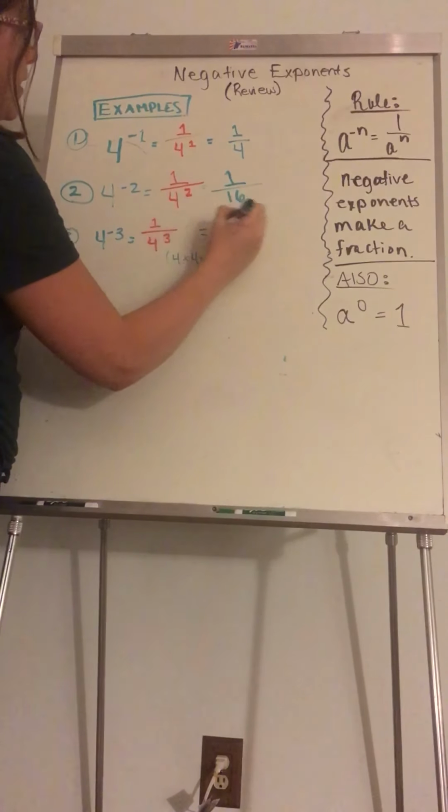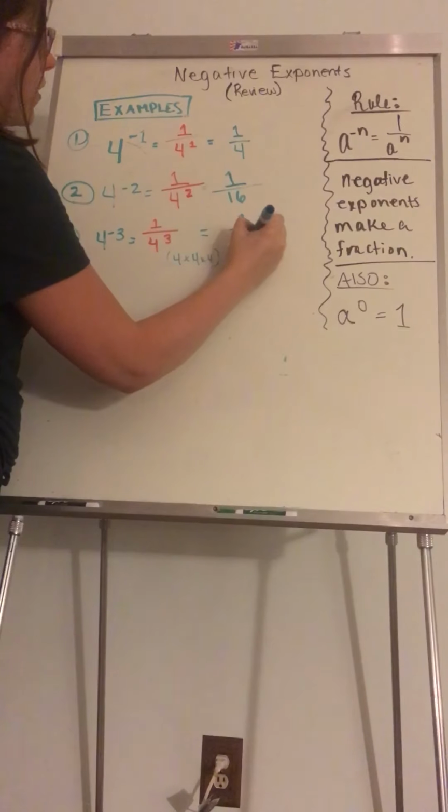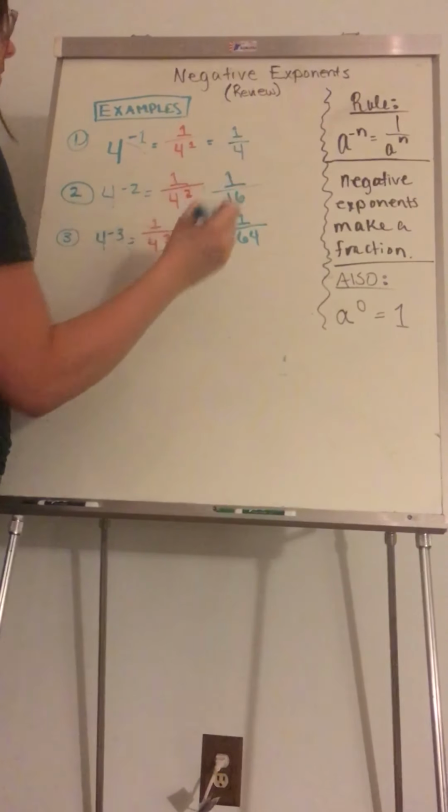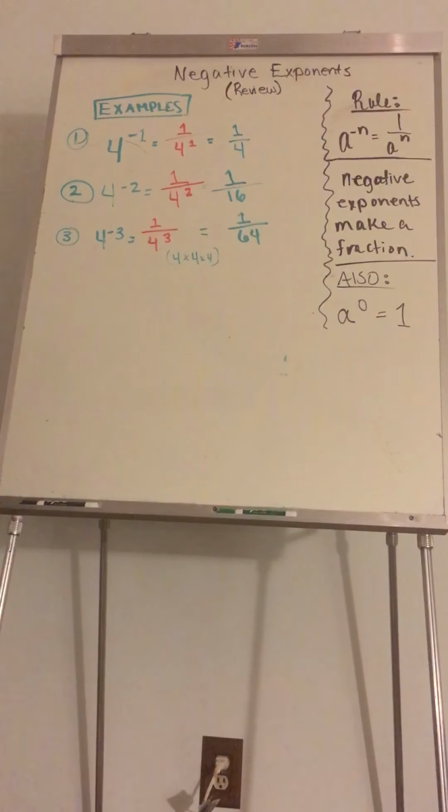So the answer there is 1 over 64. So 4 to the negative 3rd power equals 1 over 64. And you can go onward like 4 to the negative 4th power, 4 to the negative 5th power, etc. Okay, we'll stop there with this though.